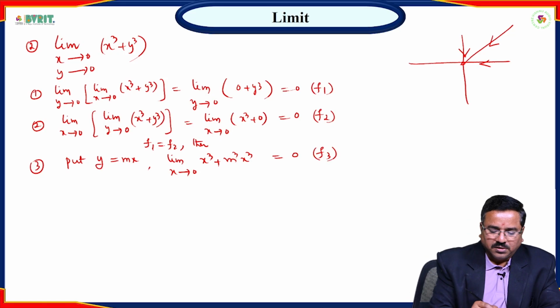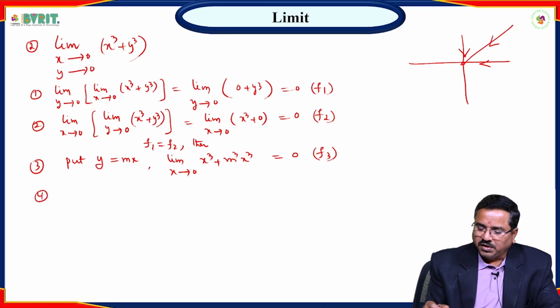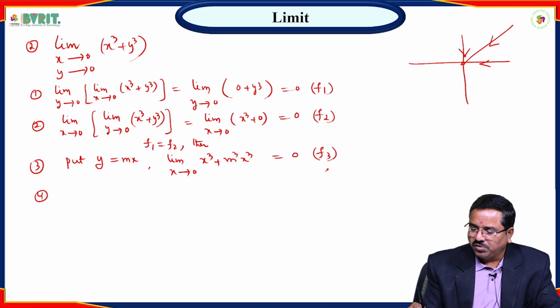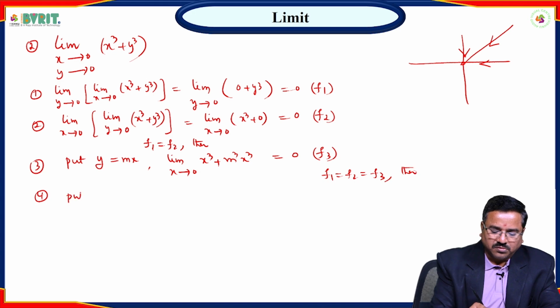Okay. Then the fourth one. If f1 is equal to f2 is equal to f3, then we go to the next step. What is the next step? Put y is equal to mx square, along this path.